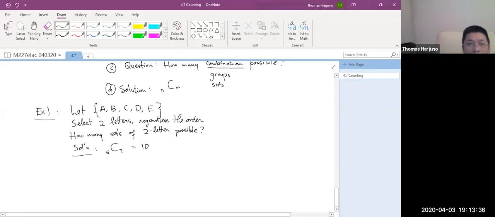Okay, so the calculator punch will be 5, and then go to Math, go to PRB, and then nCr, and then enter, and then press 2, and then enter.